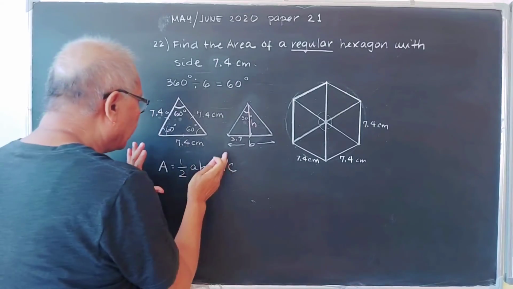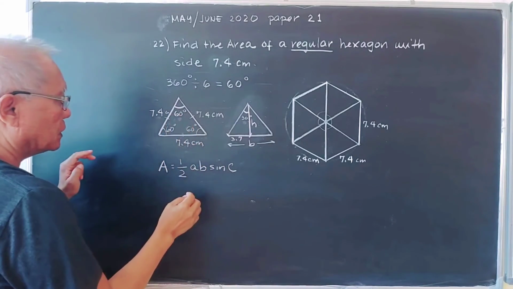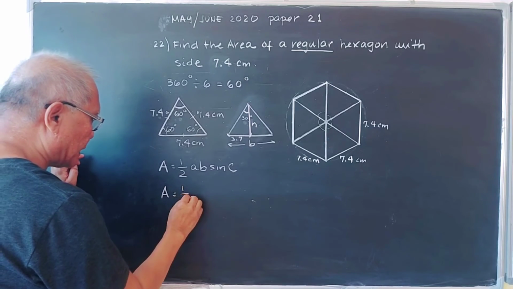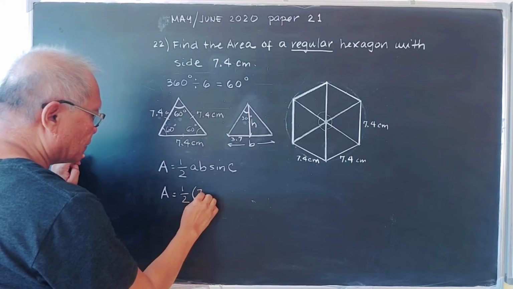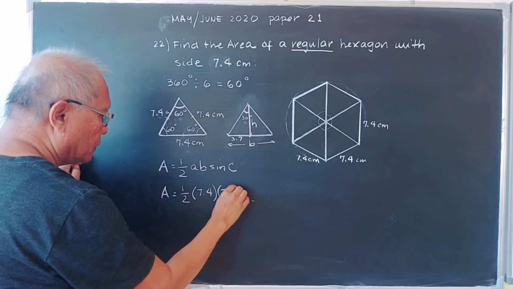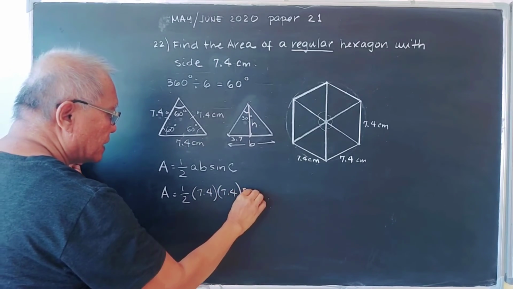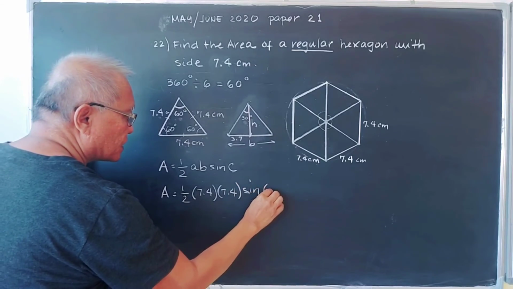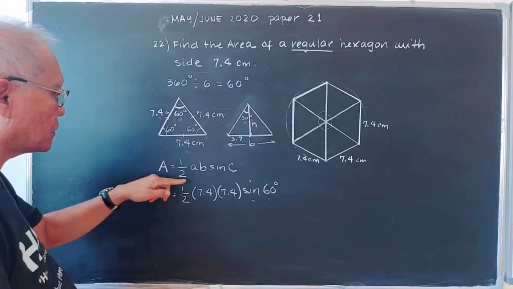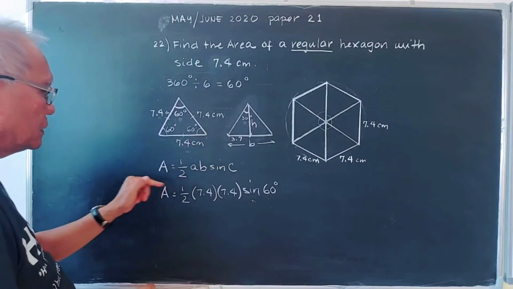So the area of this triangle is equal to 1/2 times 7.4 times 7.4, and then sine of 60 degrees. We will not divide it anymore because that one is our formula.